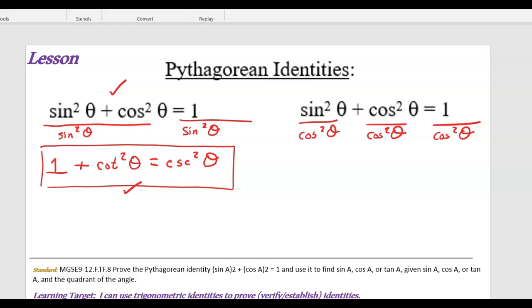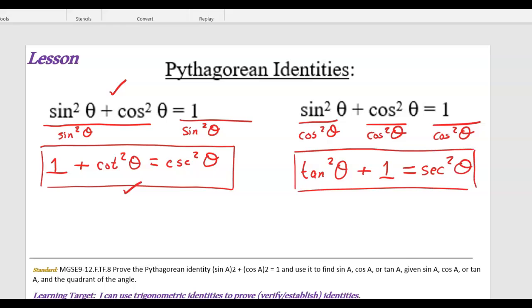So it's just nice to have seen each of these manipulations before you dive into the problems. So sine over cosine is tangent, so we have sine over cosine, sine over cosine. So this is tangent squared of theta plus any number divided by itself is 1. 1 over cosine squared theta is secant squared theta.